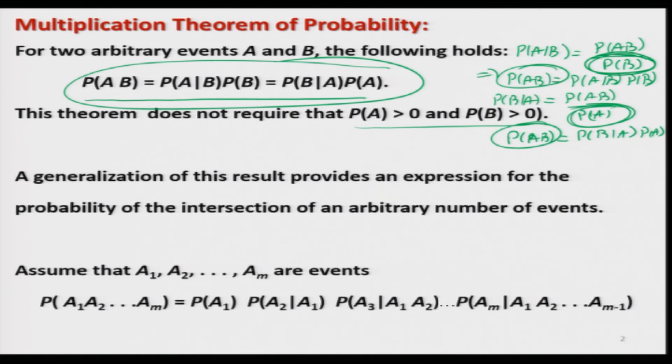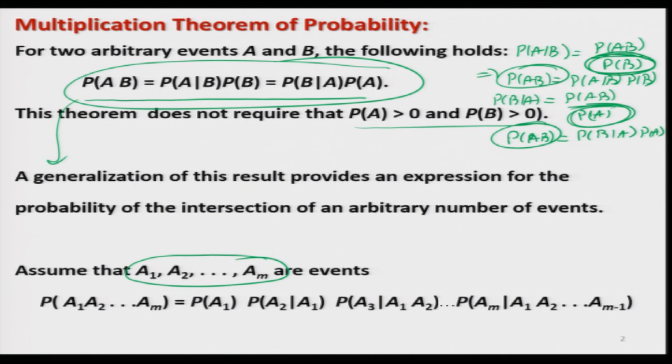Now, if you try to make this result more general, how do we get it done? This result expresses the probability of intersection of two events, that means the probability that A and B occur together, in terms of the conditional probability. Now if I extend it, instead of only two events A and B, suppose we have a small m number of events A1, A2, ..., Am.